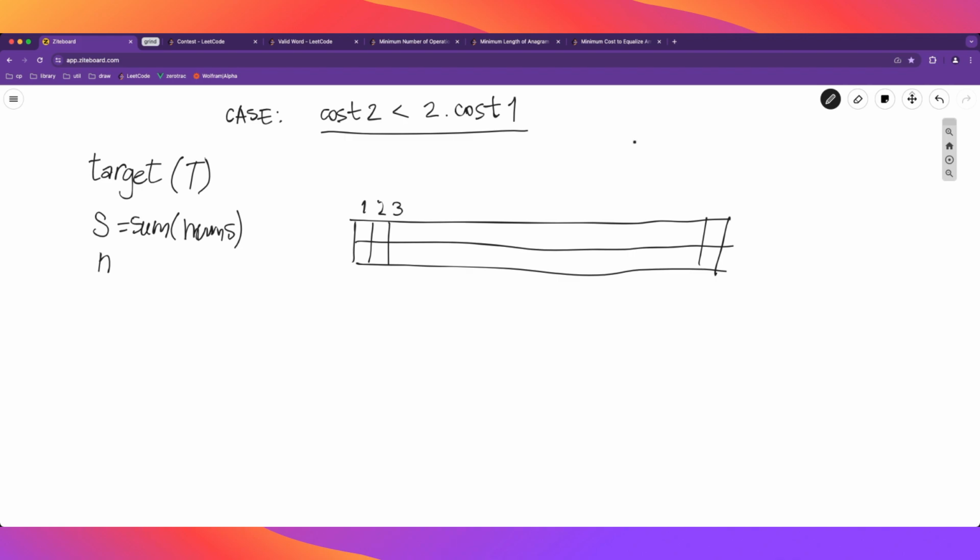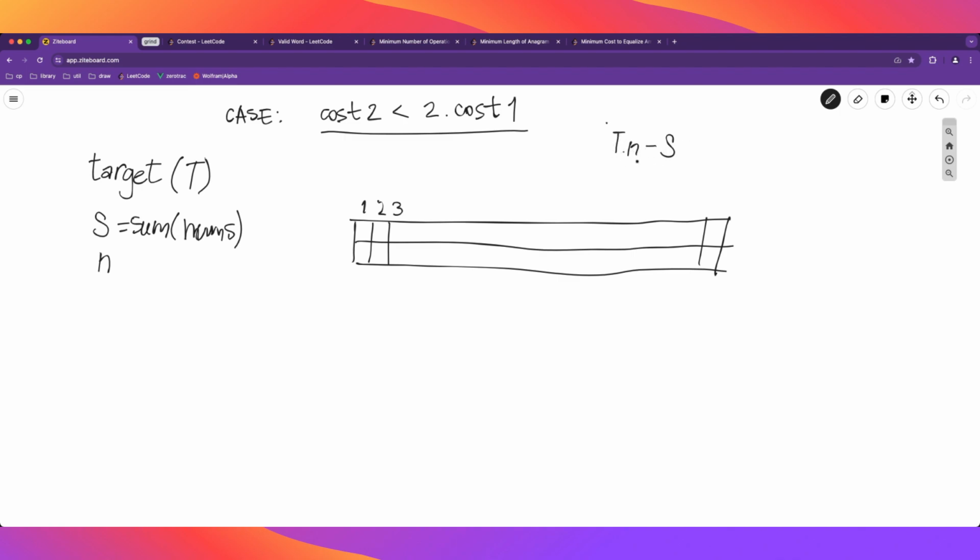Well, like we saw before, we want all of them to reach t, right? So the total sum must be t times n at the end, and we want to subtract the sum, the values that they already have. So this is how many we have to increase. But there could be a parity issue, right?